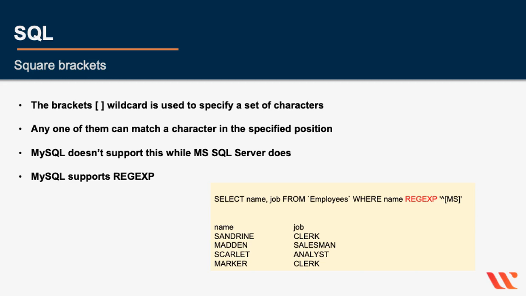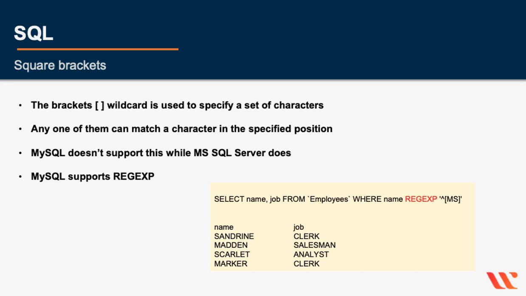And then in quotations, you need to have the caret and then square brackets, and then provide the characters for the regular expression to match. So in this case, we're saying WHERE name REGEXP '^[MS]'. That's basically saying that we want to see all the records which contain M or S.